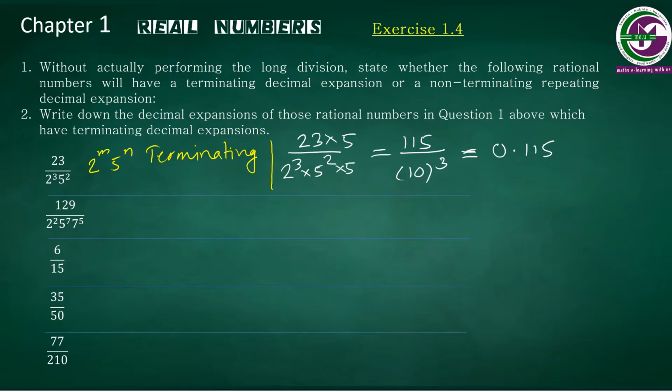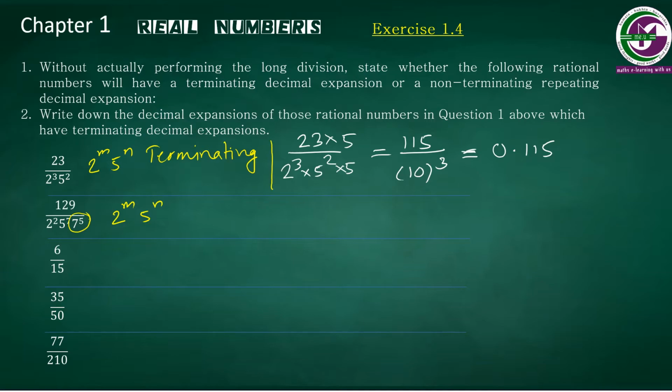Next question. In this question also, the denominator is given in factorized form. The factors are given: 2 square times 5 raised to 7 times 7 to the power 5. It is not in the form of 2 raised to m times 5 raised to n, because we have an extra factor 7. And we cannot cancel out all the 7's. 129 is not a multiple of 7.